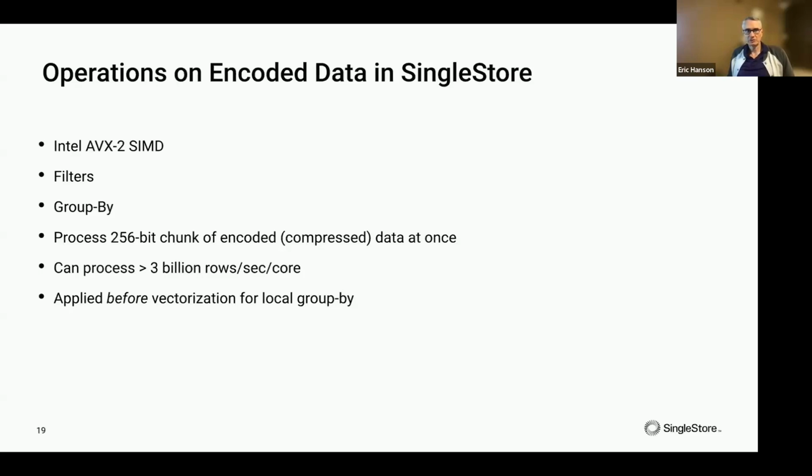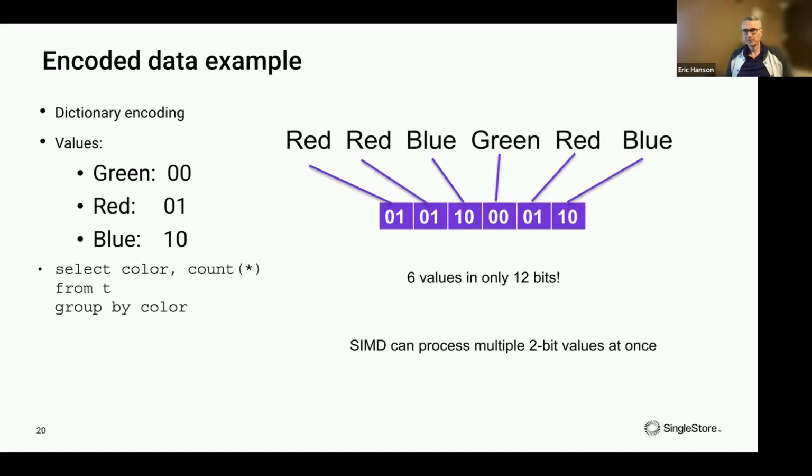So we can do filter and group by operations directly on compressed data in SingleStore. And in some cases, we can process greater than 3 billion rows per second per core using this approach. Again, this is applied before the vectorization for local group by. And I'm going to do a group by aggregate query today that uses these operations on encoded data to demo a trillion rows per second plus performance.